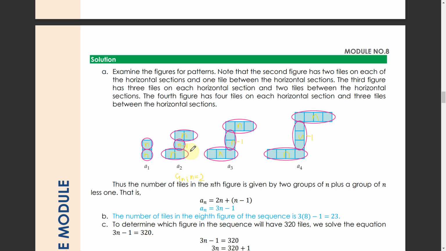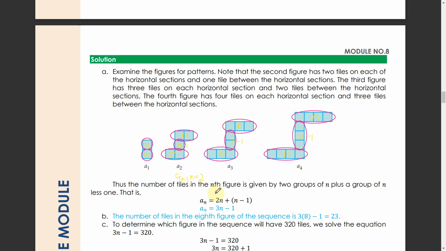So to formulate our nth term formula, we have a sub n, which is used to predict the number of tiles in the succeeding terms. It is equal to 2n. Why 2n? Because there are two groups of n, n plus n.